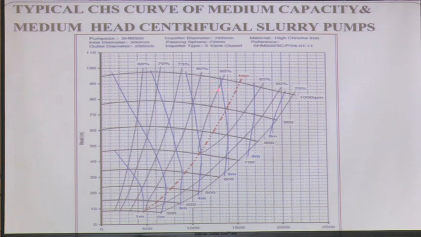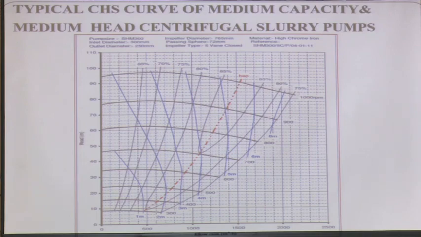You can see about 85% is the best, 87.5 is the best efficiency. Normally efficiency curves, if you see here, it goes like this. These are the typical characteristic curves of the centrifugal pumps.